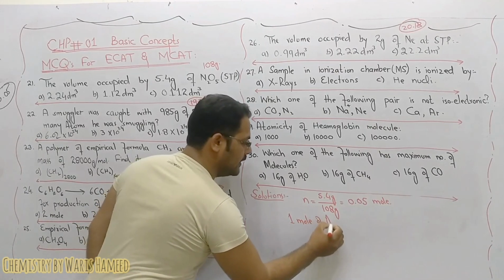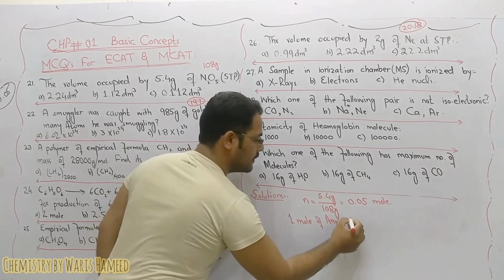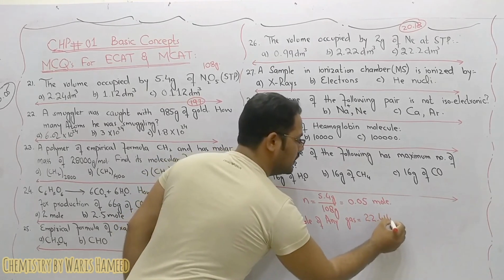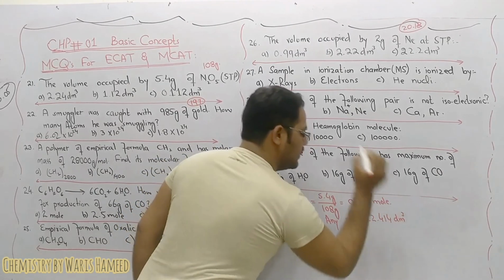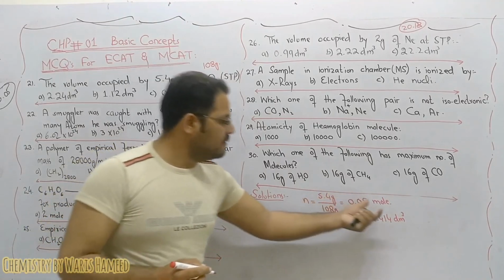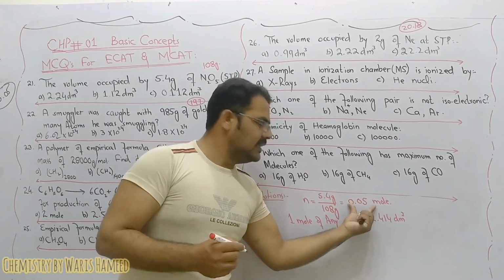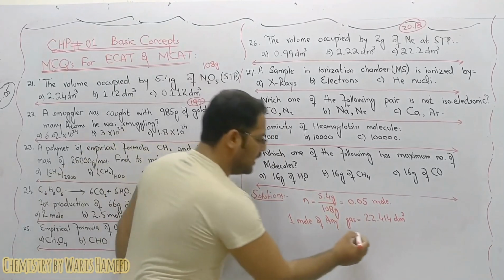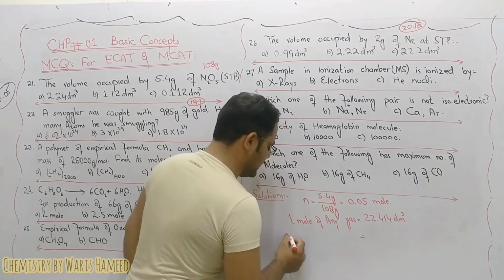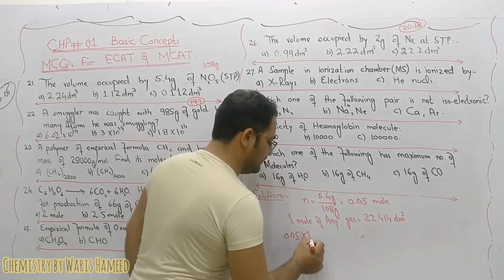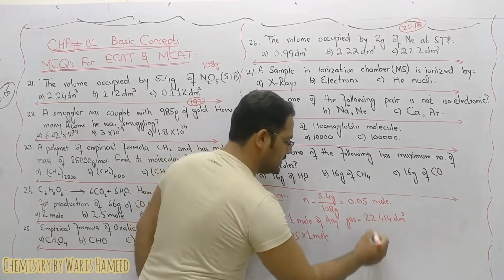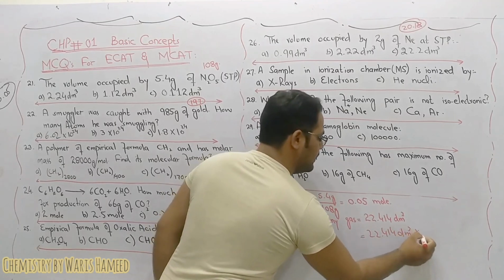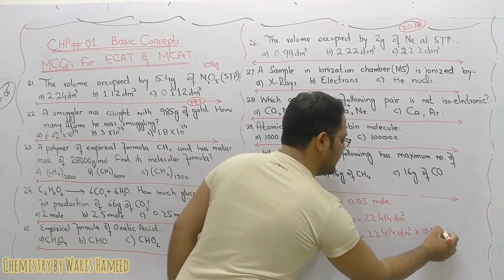Now what we have to do, then we have a relation that 1 mole of any gas occupies 22.414 dm³. Now if we have 0.05 mole, then we have to multiply this figure on both sides of the equation and we will gain the answer: 0.05 multiplied by 1 mole is equal to 22.414 dm³ multiplied by 0.05 mole.